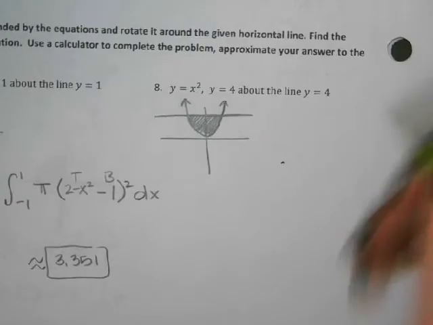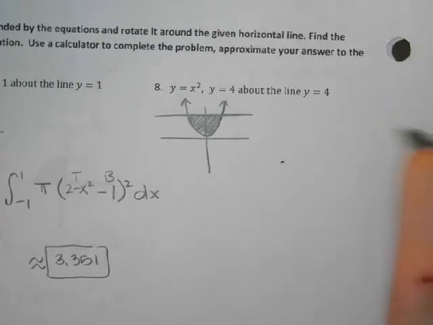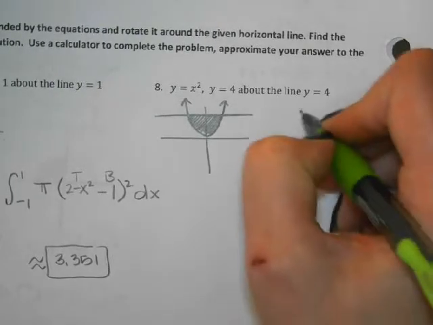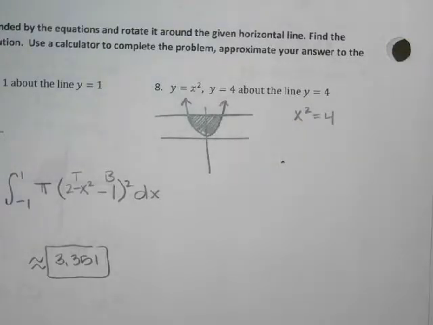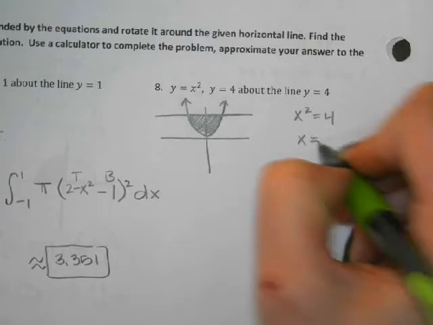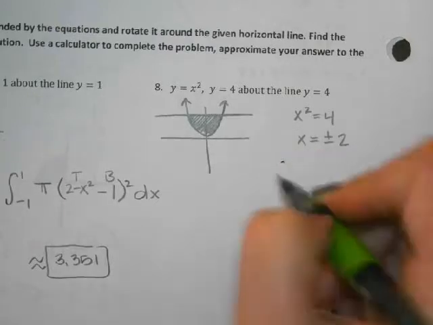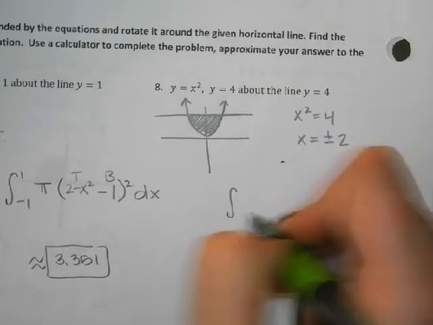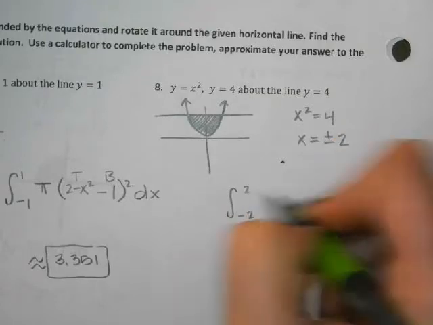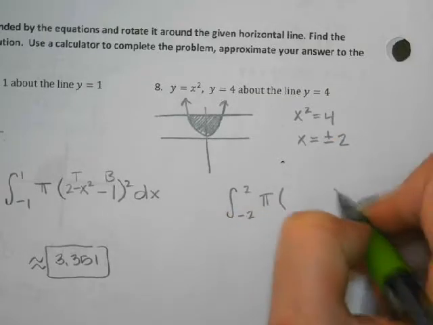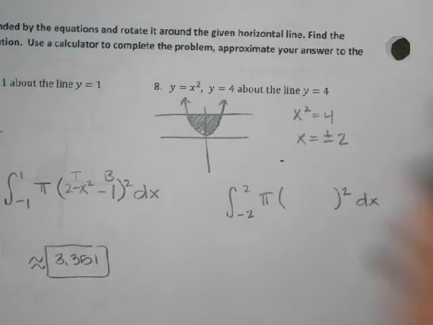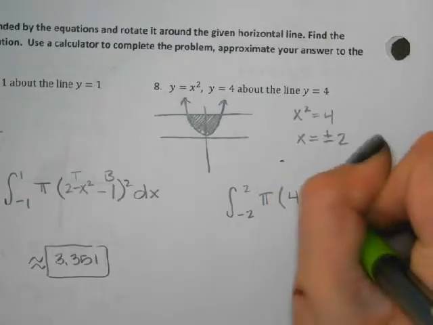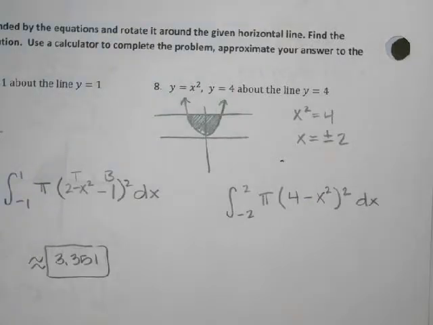And I need to see what my bounds are, so I'm going to set those two graphs equal to each other. I'm going to say x squared equals 4. x equals plus or minus 2. So my interval is from negative 2 to positive 2 of pi r squared dx. 4 minus x squared, because we have to do top minus bottom.